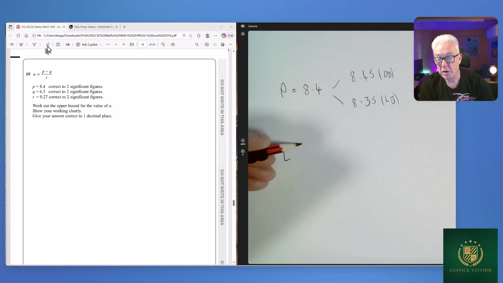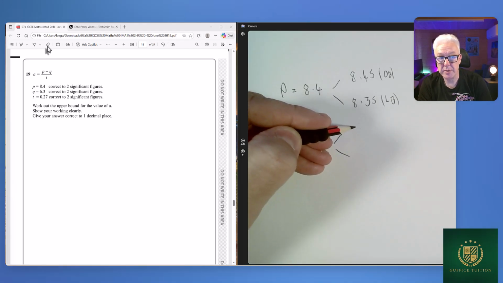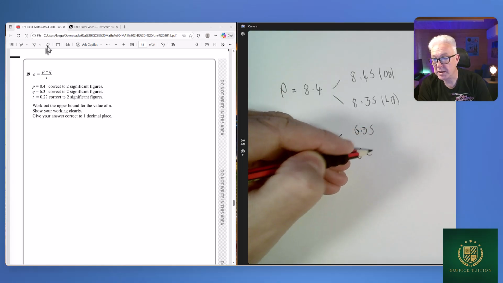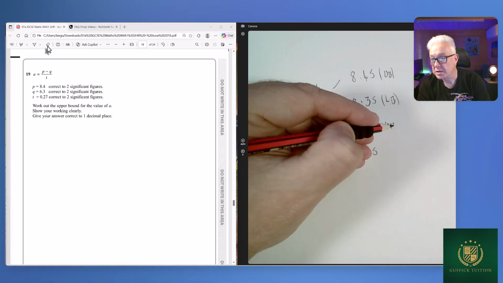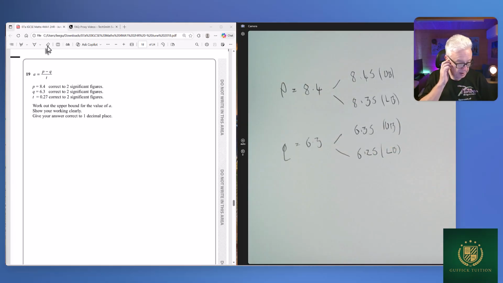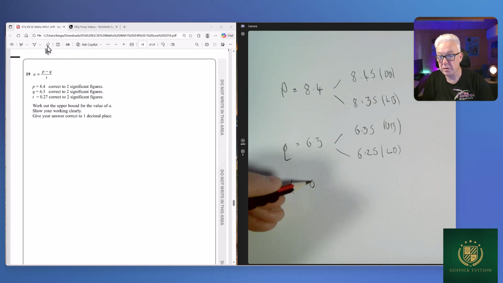Q we have got is 6.3. So our upper bound is going to be 6.35 and our lower bound is going to be 6.25. Okay, that's fine. And then let's think about T, which is equal to 0.27.